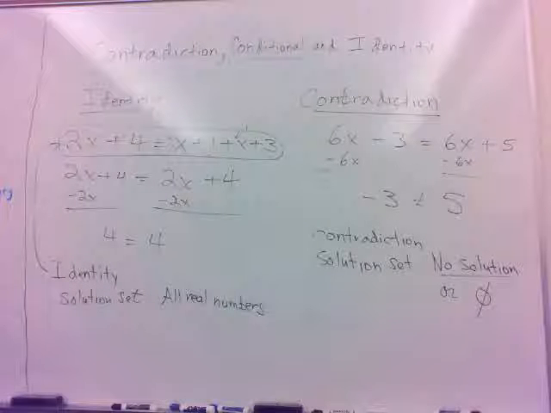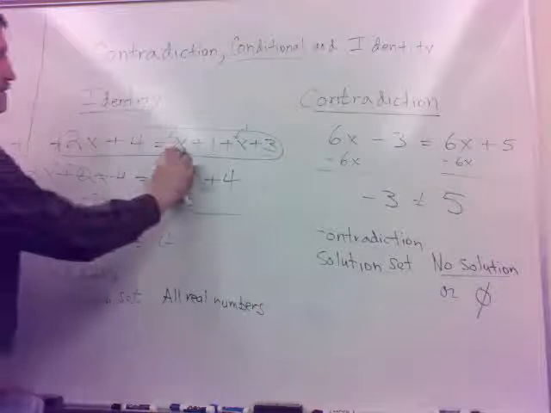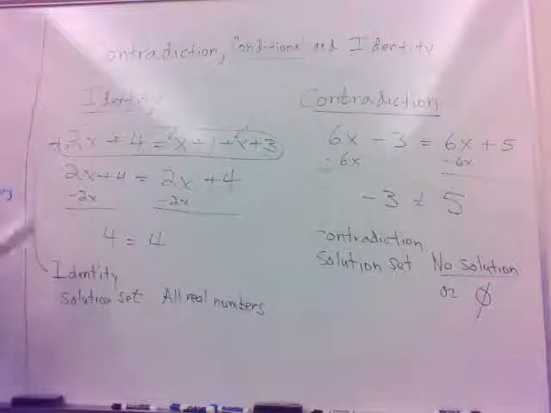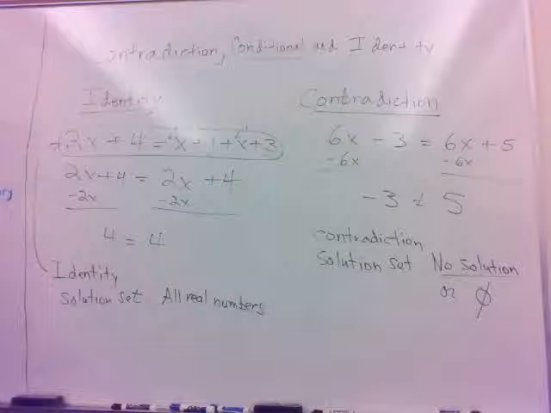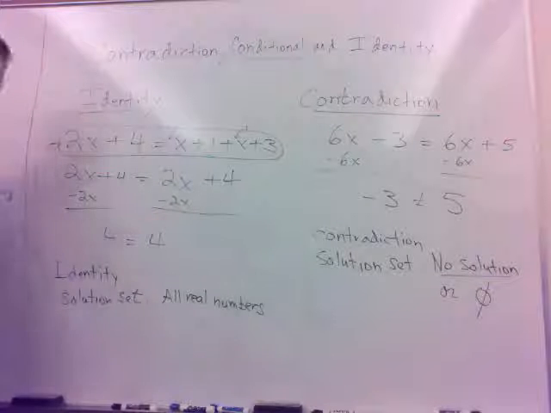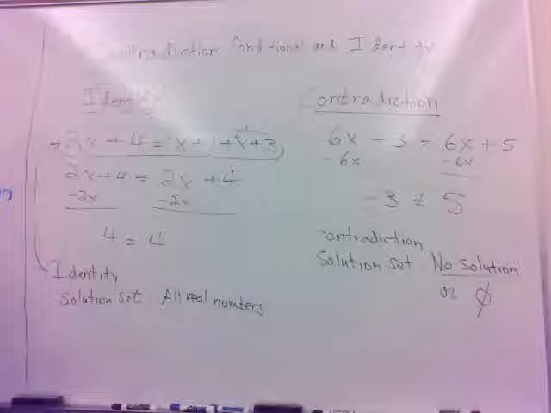That's always what you will have for an identity solution set: all real numbers. Anything can replace the variable here. It can be 1, it can be 3, it can be negative 100, positive 2/3, square root of 55. Doesn't matter. x can be any number whatsoever. So we'll just say all real numbers will cover it.